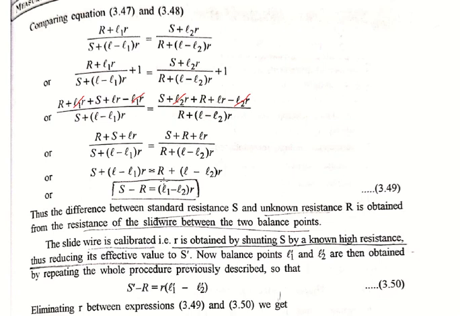So the difference between the standard resistance S and the unknown resistance R is obtained from the resistance of the slide wire between the two balance points.